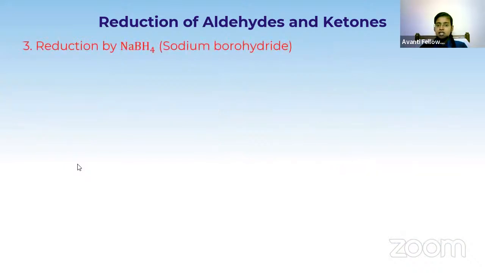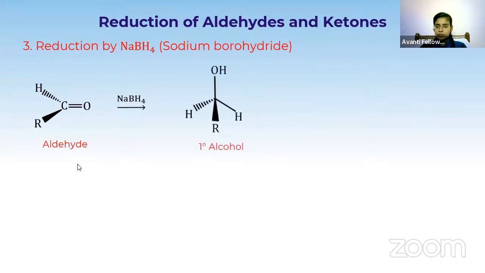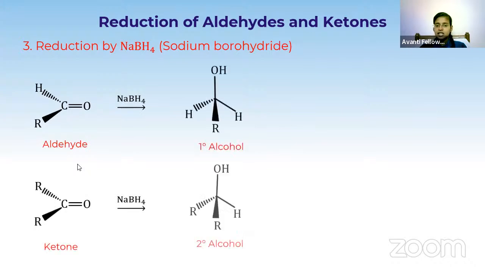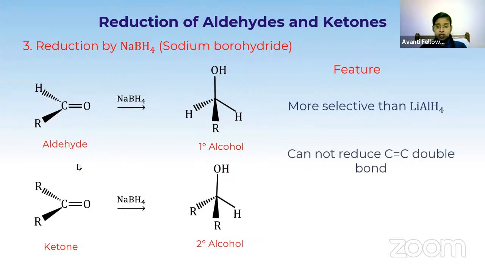Next, coming to the third one, sodium borohydride. Take the aldehyde and treat it with sodium borohydride and it will lead to the formation of primary alcohol, and the ketone will give the secondary alcohol. Now the feature of NaBH4 is that it is more selective than the previous one. And this one also cannot reduce the carbon-carbon double bond.